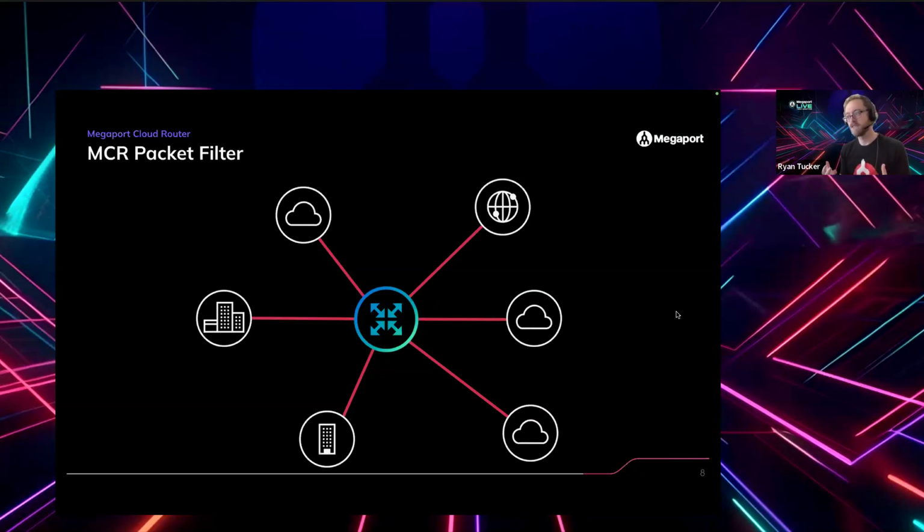Some of those are things like maybe you want to use the same MCR to connect to different environments, say a dev test environment and a prod environment, but you want to make sure that those environments can't talk to each other. There could also be use cases where you've got partially external environments.